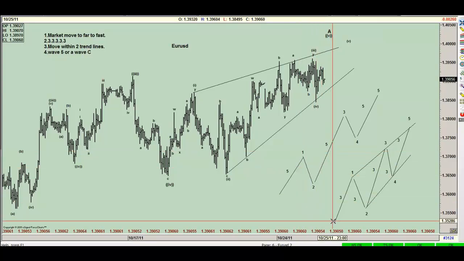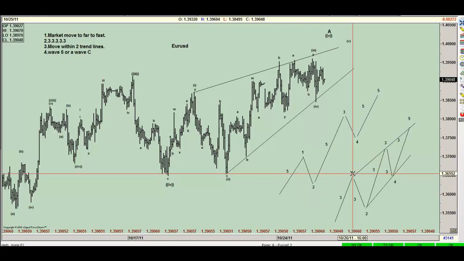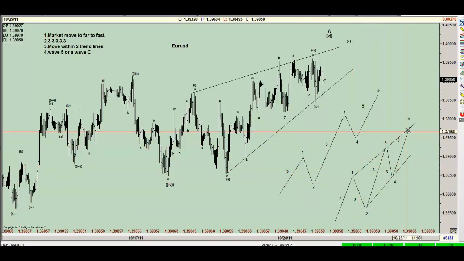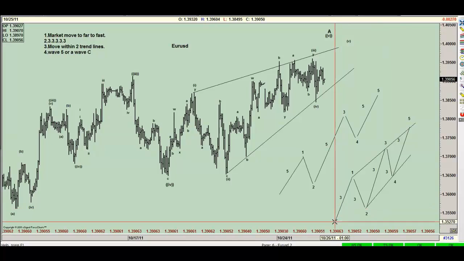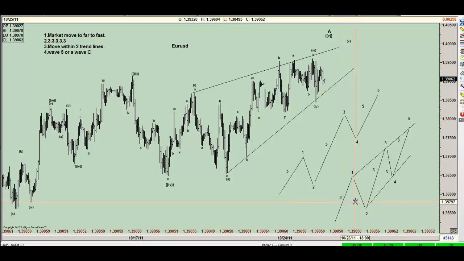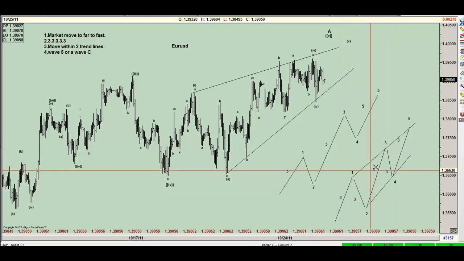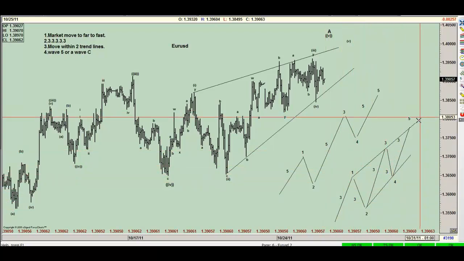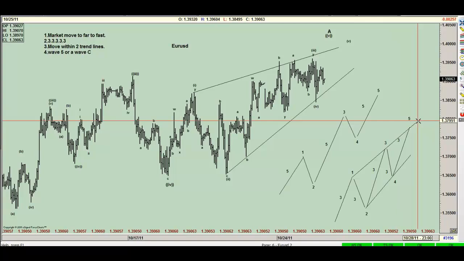You get the same 1, 2, 3, 4, 5 swings, but every subdivision is 3 waves. In other words, 3, 3, 3, 3, and 3. There is no 5-wave move within the ending diagonal. That's one of the more typical characteristics of an ending diagonal.